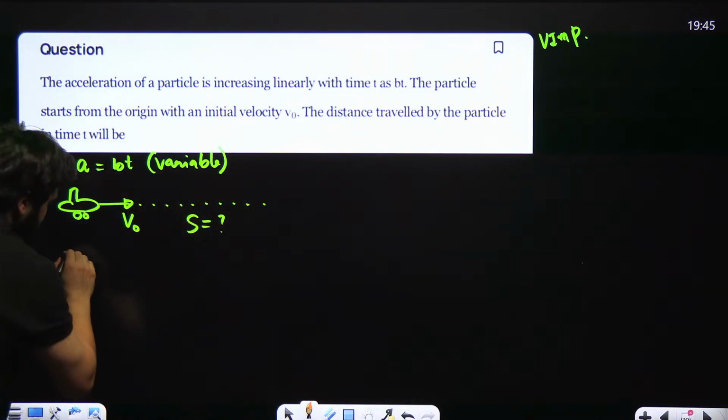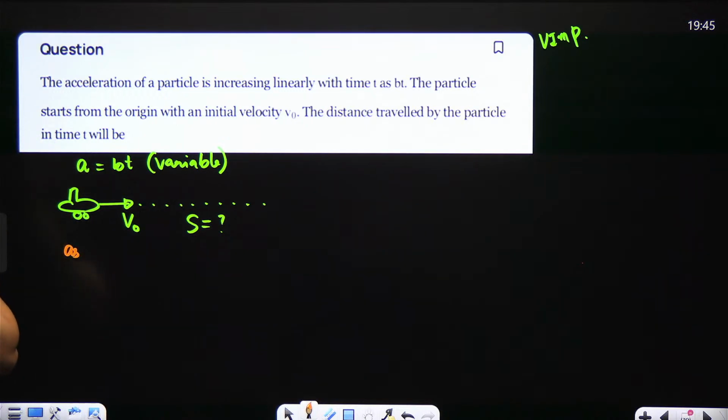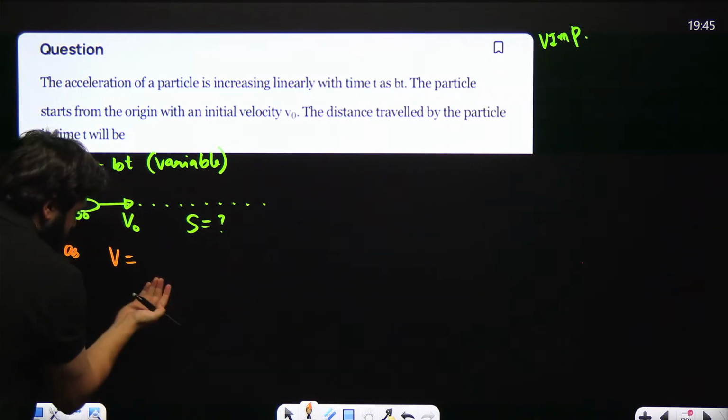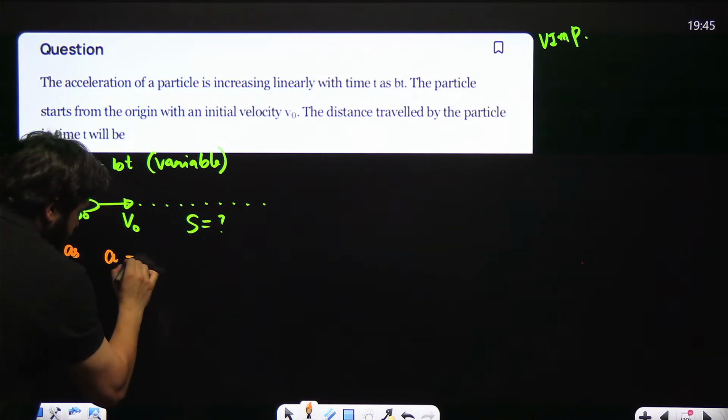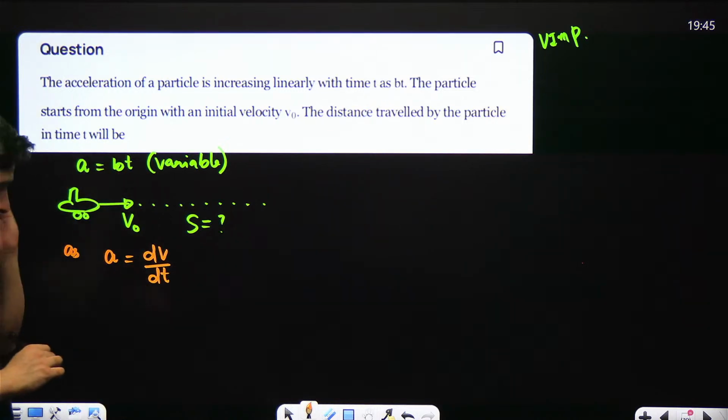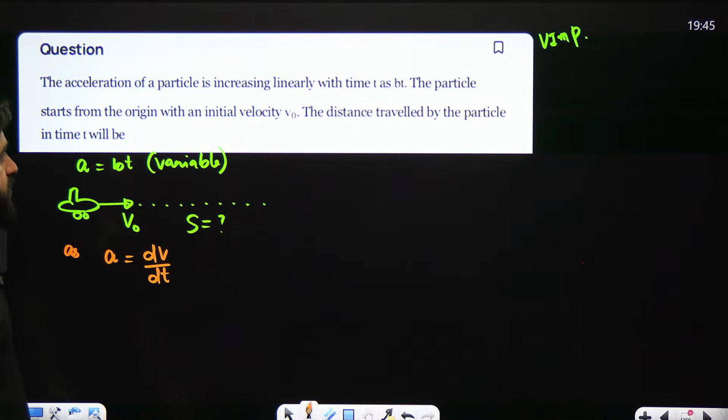We say a is equal to dv divided by dt in this particular case.